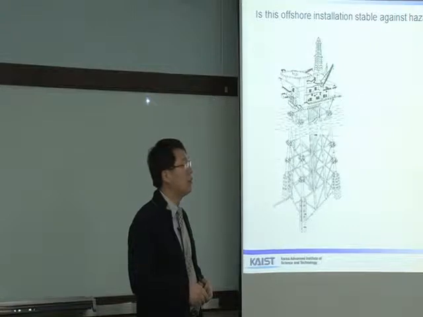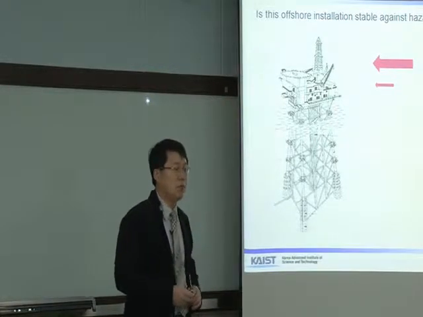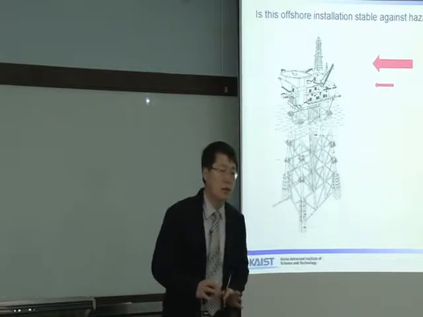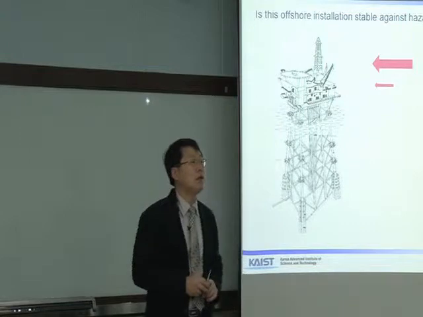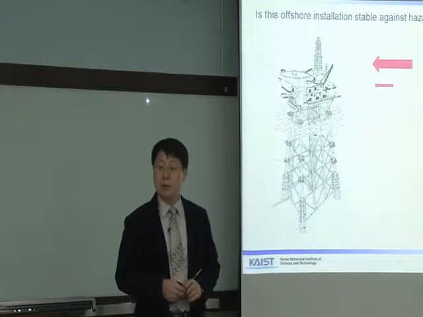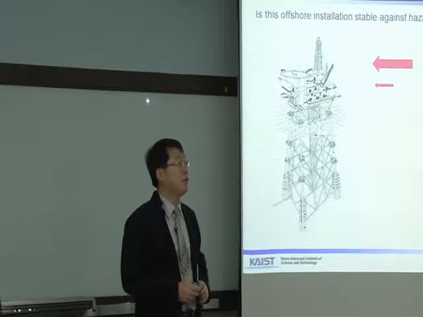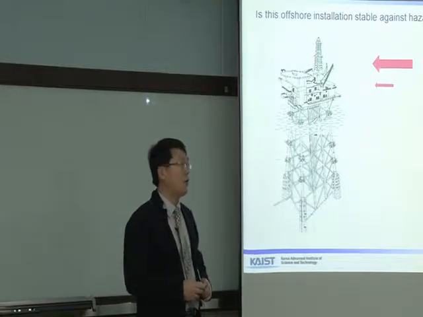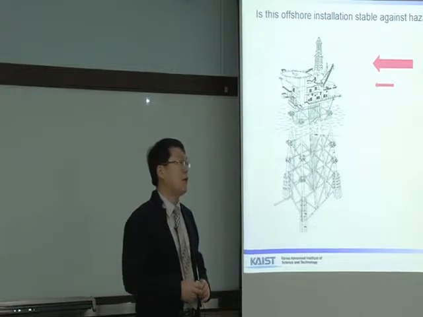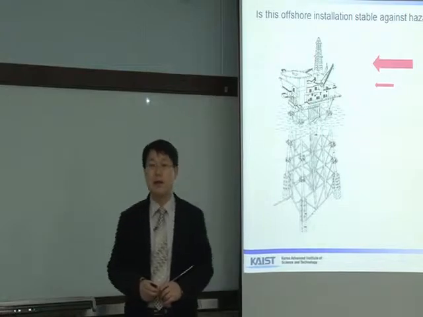Let's consider the wind. Consider two extremes. One is low speed wind, about 5 meters per sec. Another one is very strong wind, 50 meters per sec. As you know, 5 meters per sec wind is the kind of breeze we can expect every day.